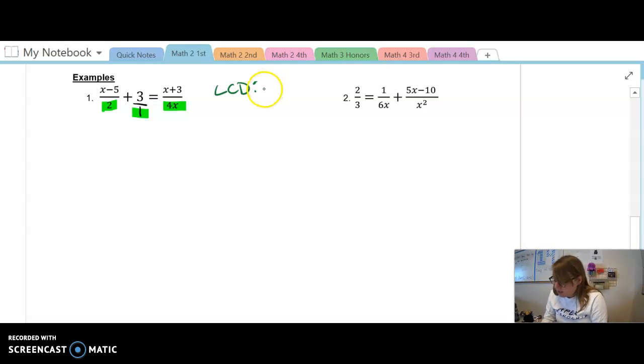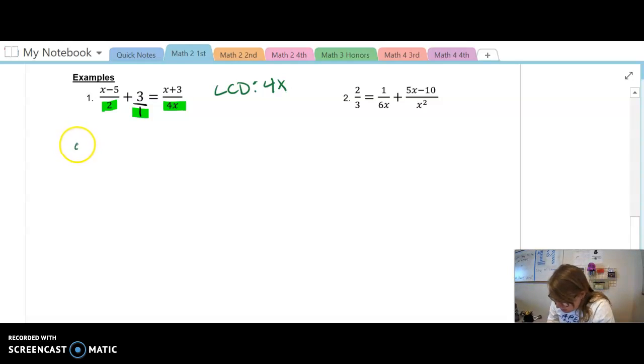Well, that is 4x, because we can get 2 to 4x, we can get 1 to 4x, and we can get 4x to 4x, meaning we can multiply each of those items by something to get 4x. Now let's multiply by that least common denominator.